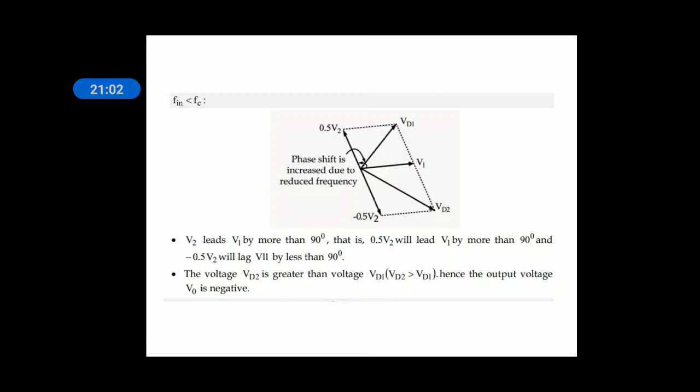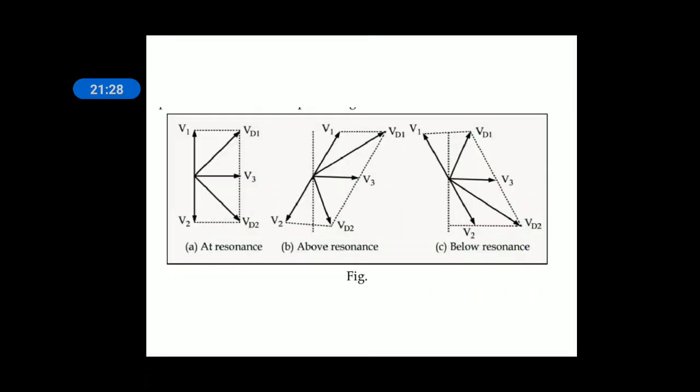The secondary winding is a combination of two voltages, plus 0.5 V2 and minus 0.5 V2. 0.5 V2 will lead V1 by more than 90 degrees, and minus 0.5 V2 will lag by less than 90 degrees. That means VD2 is higher than VD1, hence the difference between VD1 and VD2 becomes negative, because VD2 is higher than VD1.